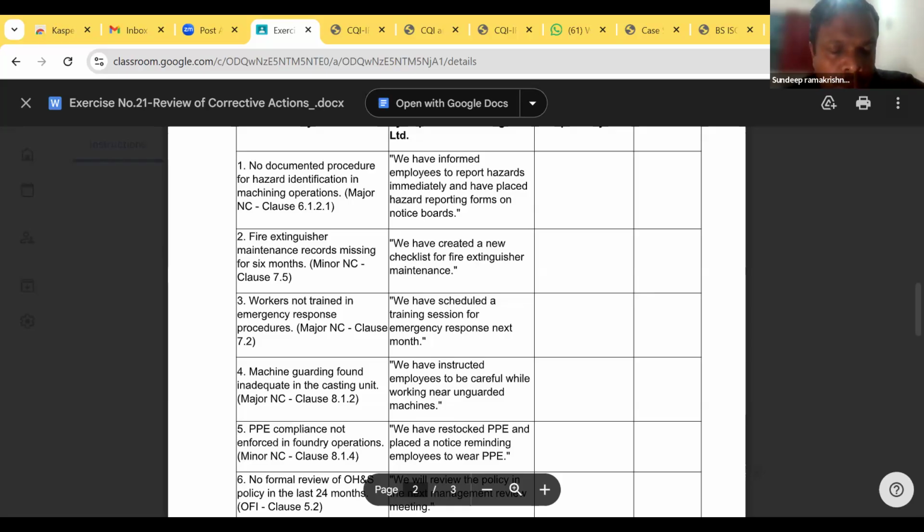See, once as an auditor you decide that this is an NC under one clause, afterwards you shouldn't ask the auditee for corrective action on emergency preparedness. Emergency preparedness is a different clause.